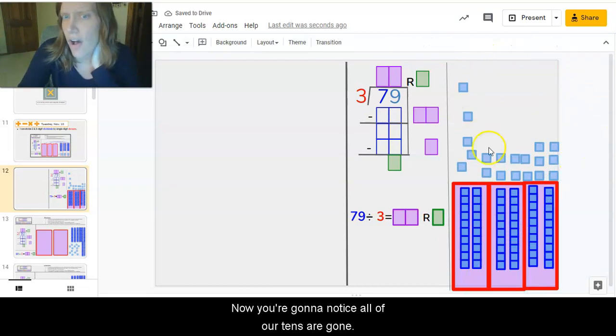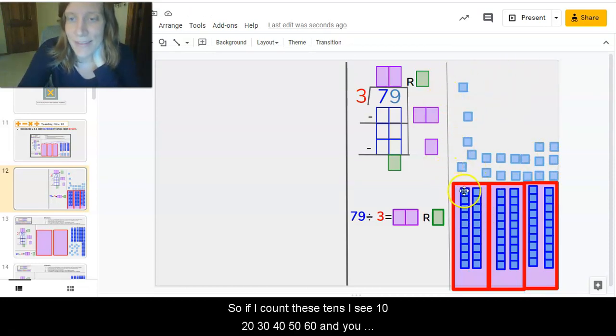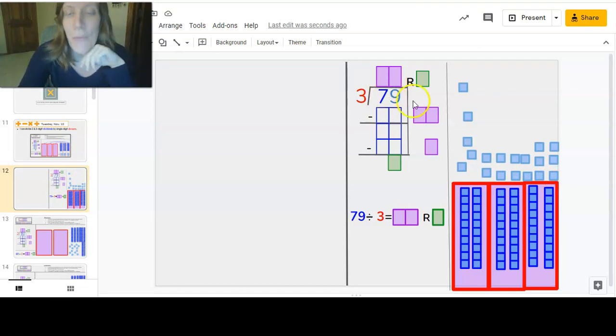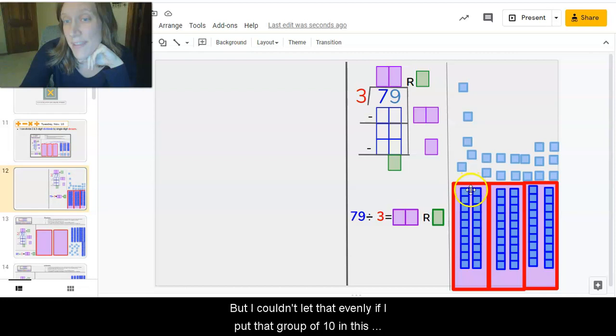Now you're going to notice all of our 10s are gone. So if I count these 10s, I see 10, 20, 30, 40, 50, 60. And you might be thinking to yourself, but Miss Colsty, there are 7 groups of 10 here. Well, I have 1 more group of 10, but I couldn't split that evenly.